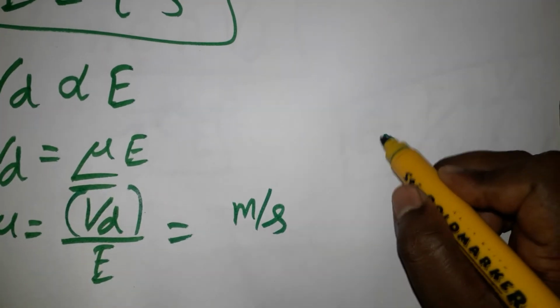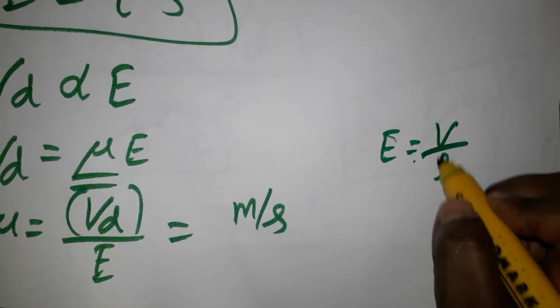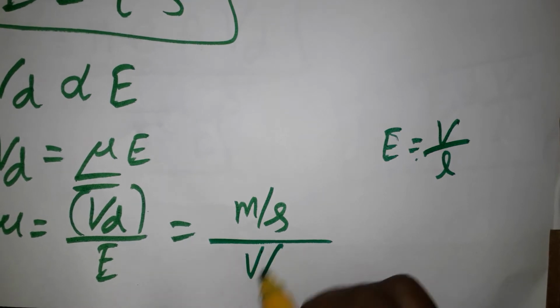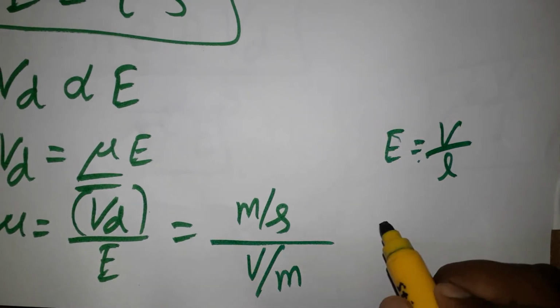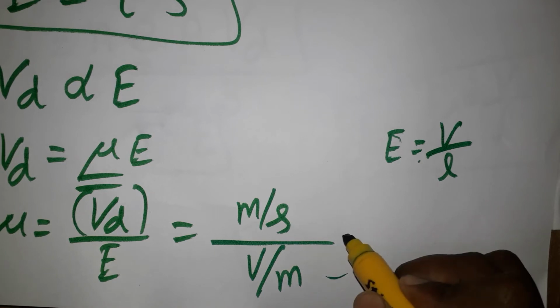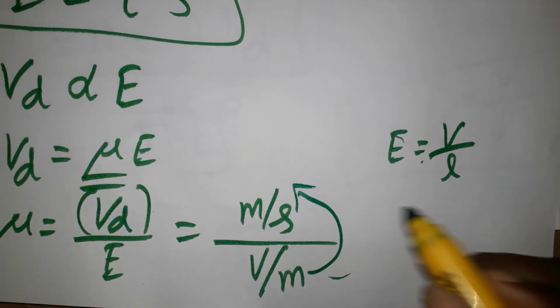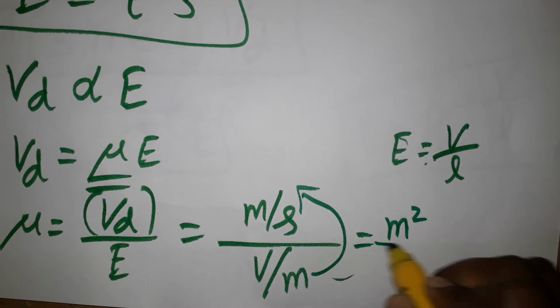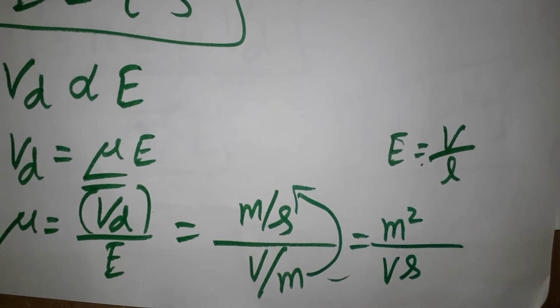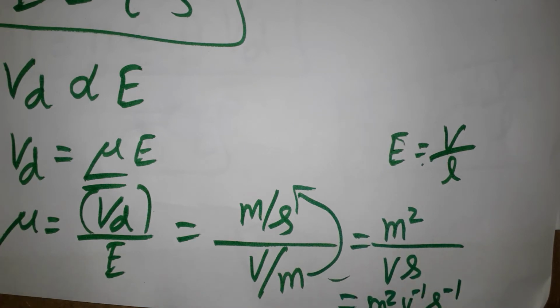Electric field, as already said, is volt per unit length, so it is volt per meter. When you simplify this equation, the meter in the denominator goes into the numerator. It is meter square divided by volt into second. So we get meter square volt inverse second inverse as the final unit of mobility.